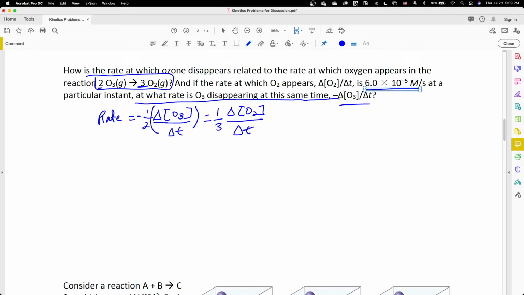So all we need to do now is solve for the rate at which O3 disappears. How do we do that? Well, all we have to do is set it equal to something that we already know. We know, given right there, that O2 appears at a rate of 6.0 times 10 to the negative 5 molar per second.